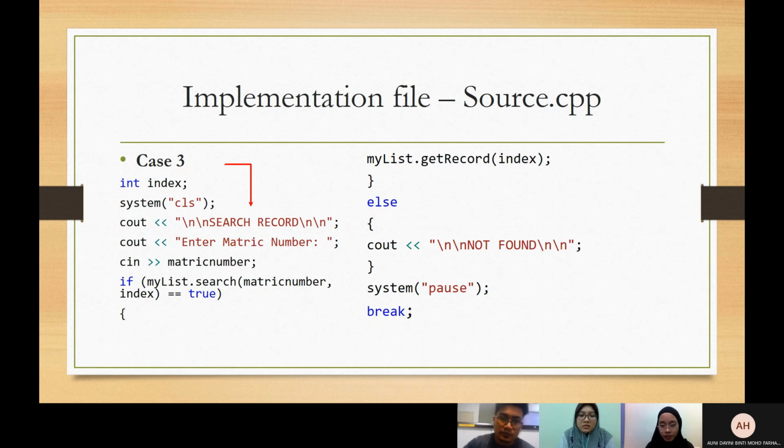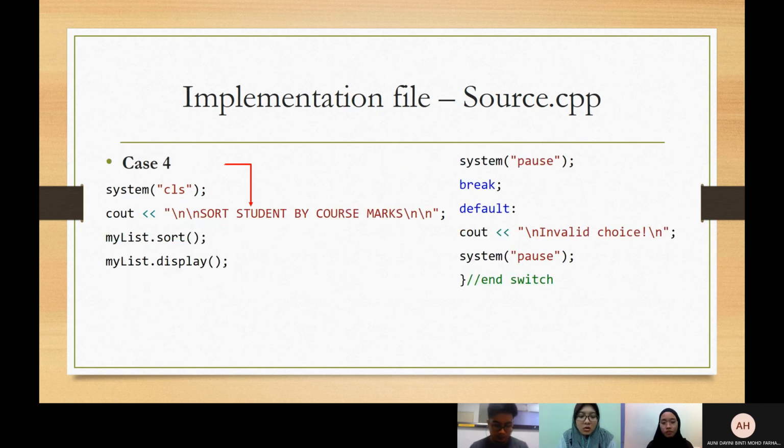The system will search the metric number, and if the record is not in the system, the system will show not found. In case 4, the system will sort the students by course mark. The output will show the list of course marks in decreasing order.